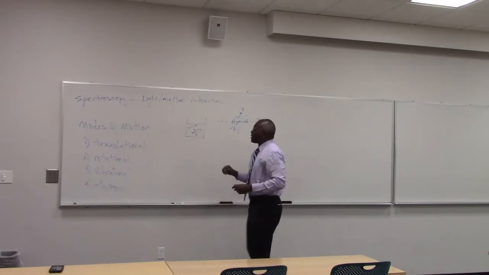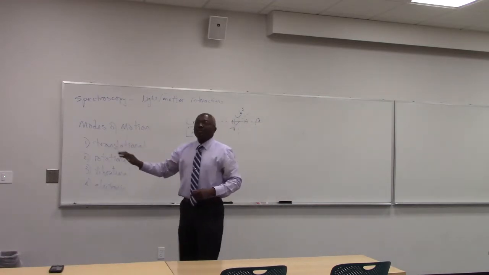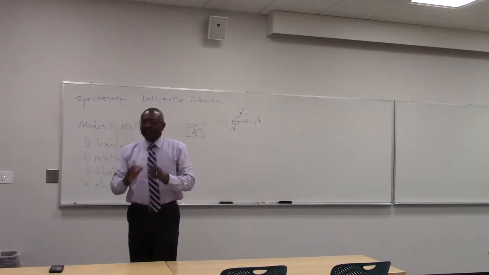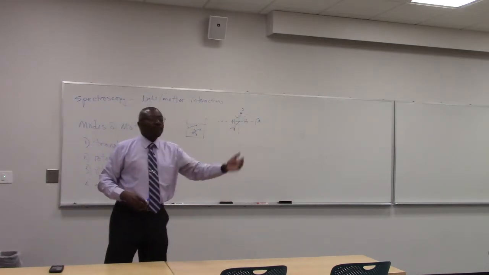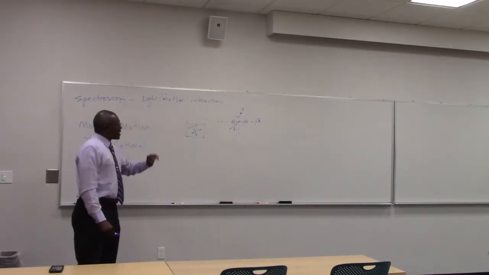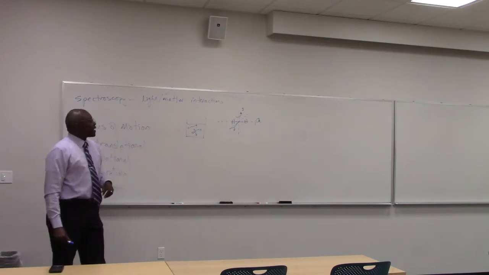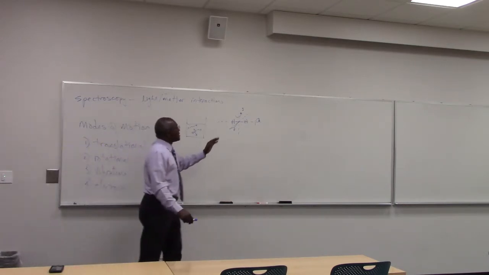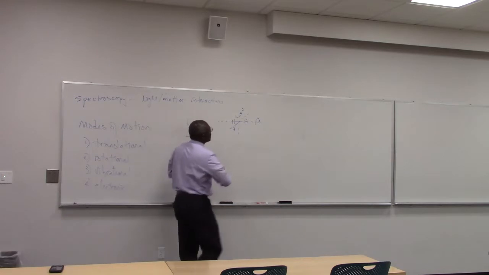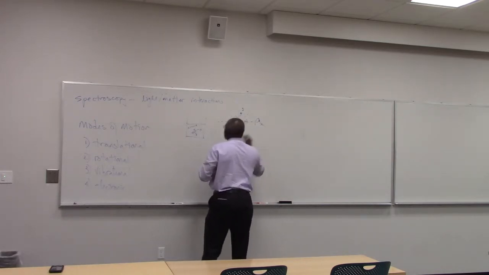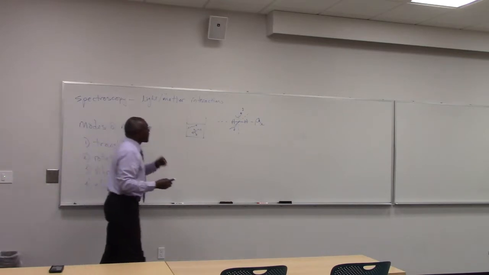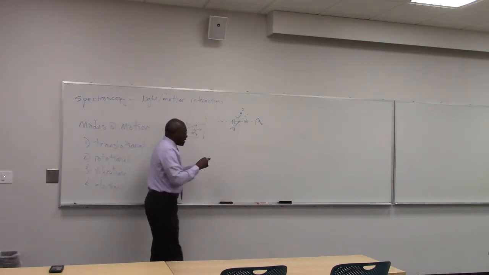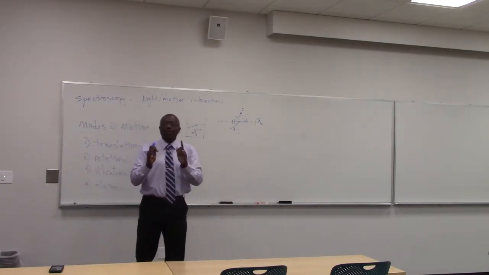So there are translational motions, in which the particle is not bound by an axis. The particle just moves from point A to point B. There are rotational modes of motion, and those are bound by axes in the x, y, and z axes. And then there are vibrations. A vibration involves oscillation about a point.